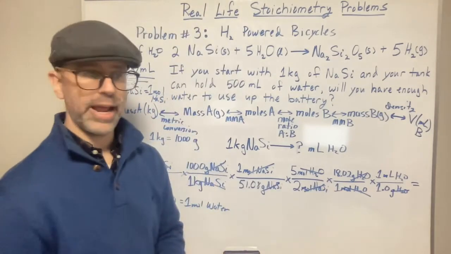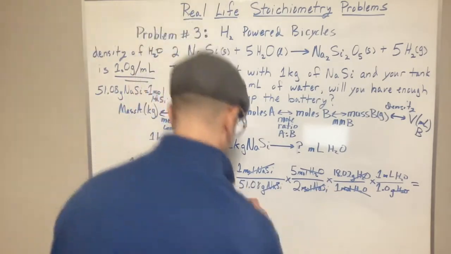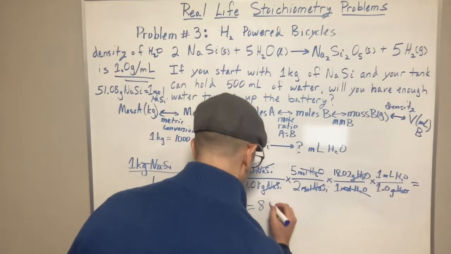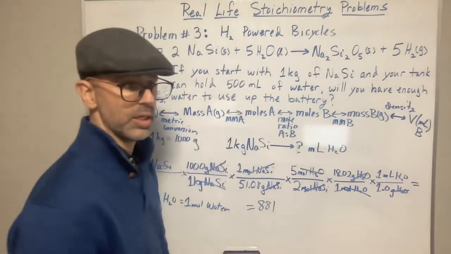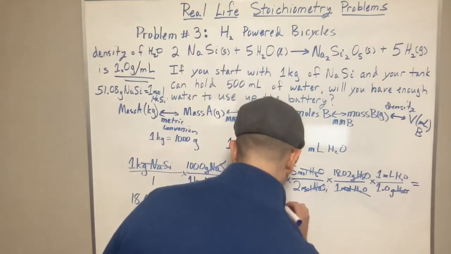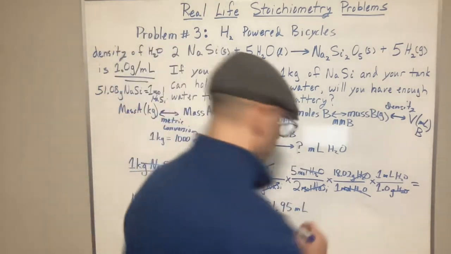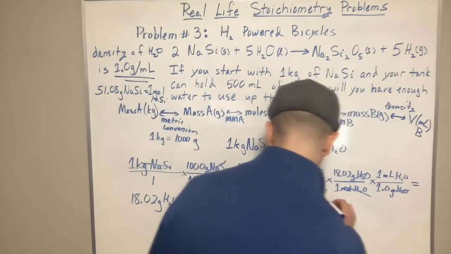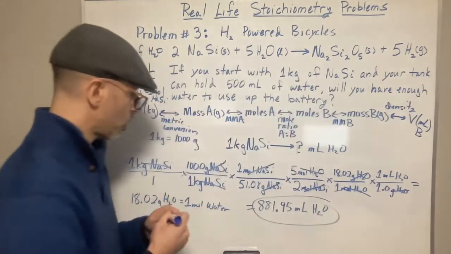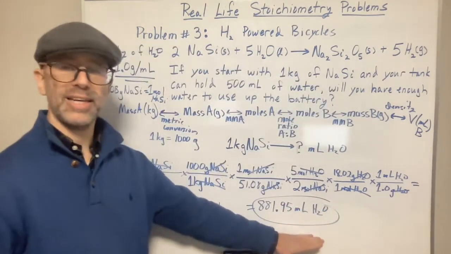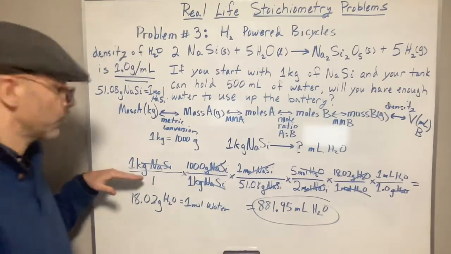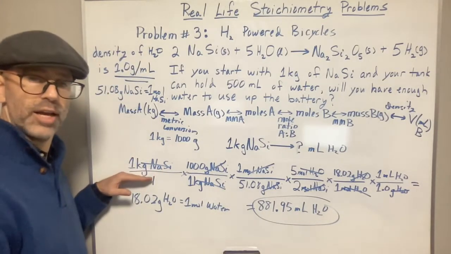And then you'll get your answer: 881.95 milliliters of water. This is the amount of water needed to react with 1 kilogram of your NaSi.